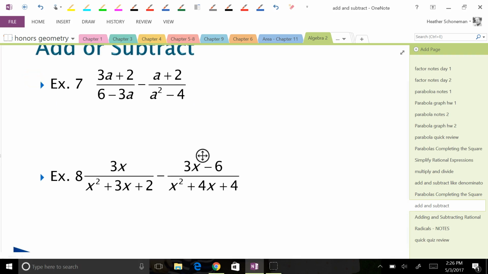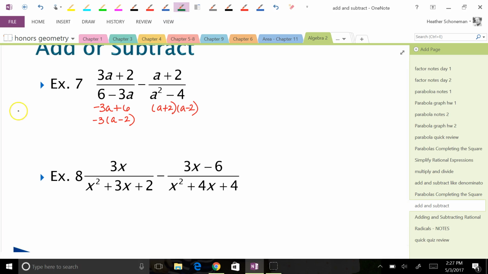Okay, first we got to factor, and we probably need to rewrite everything. So I'm going to rewrite this as -3a plus 6, and then I'm going to take out the -3, so then it's -3 times a minus 2. This factors to a plus 2, a minus 2.